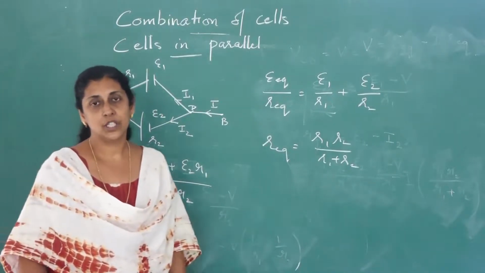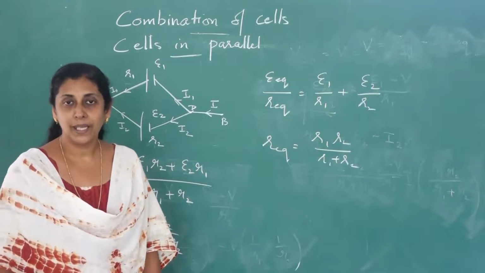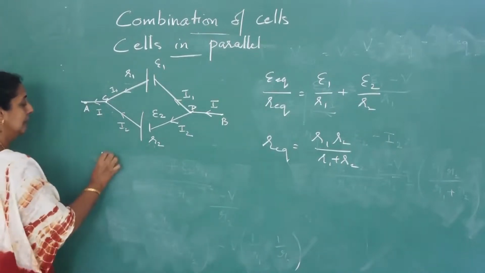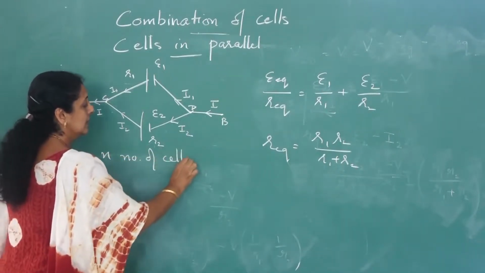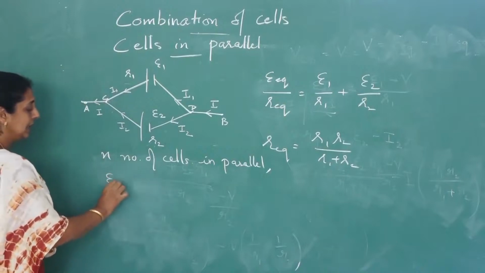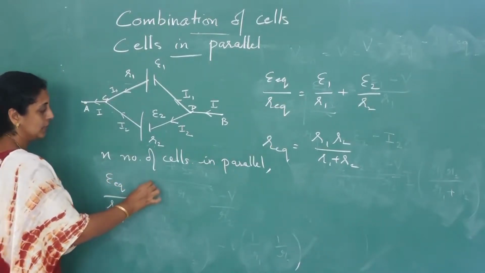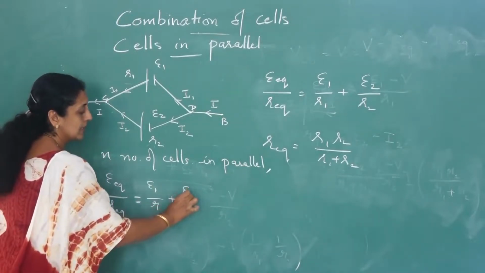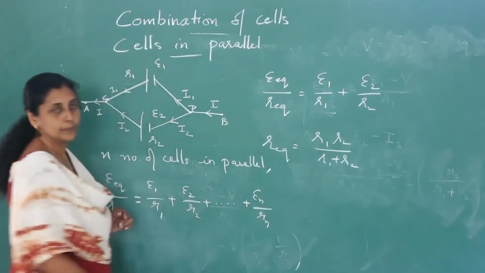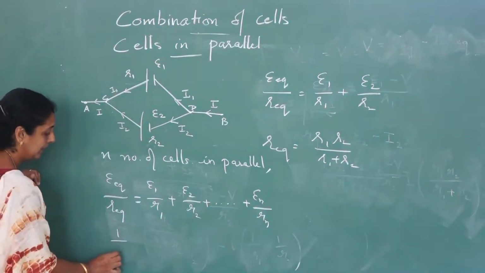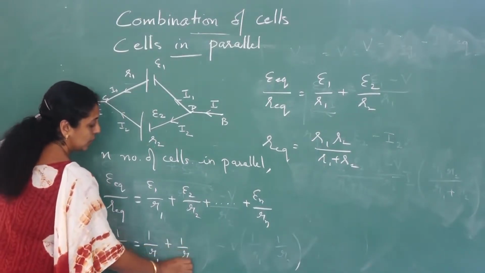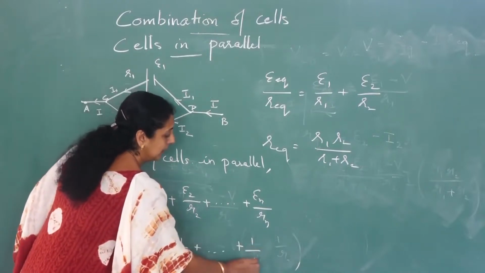If you extend the relation to n number of cells combined in parallel, then we have E equivalent by R equivalent is equal to E1 by R1 plus E2 by R2 plus so on plus En by Rn, and 1 by R equivalent is equal to 1 by R1 plus 1 by R2 plus so on plus 1 by Rn.